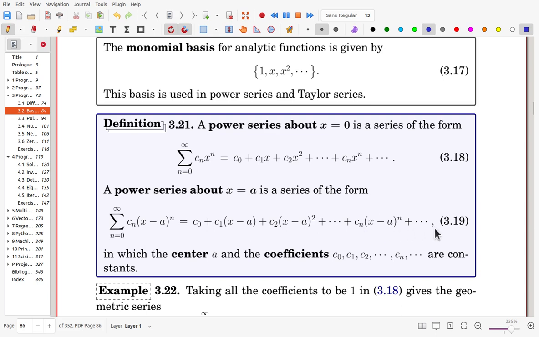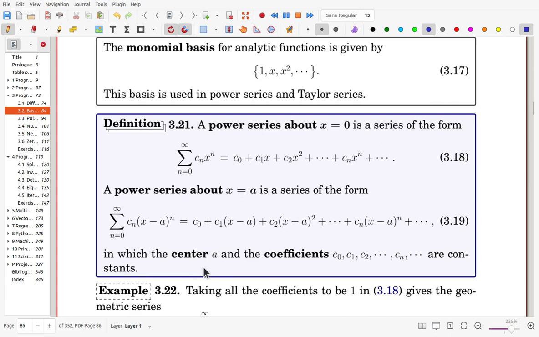Now continuing here, such a function and such a collection of terms is called a power series. If it is about 0, using x only, then it's about x equals 0. Once terms are combined with x minus a, then we say it is a power series about x equals a.